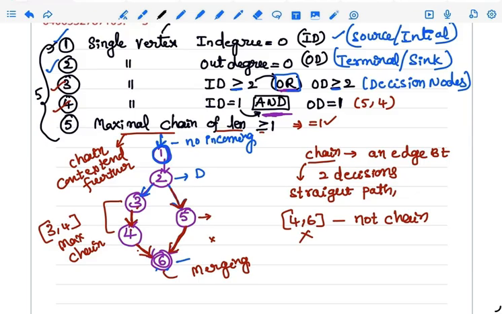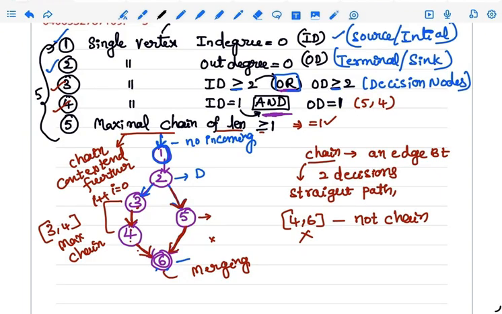So if you execute the statements at node 3, you execute the statements at node 4 also, for example, i equal to 0 and i plus plus. There is no branching, splitting or merging in between in the chain. So 3 to 4 is a chain.